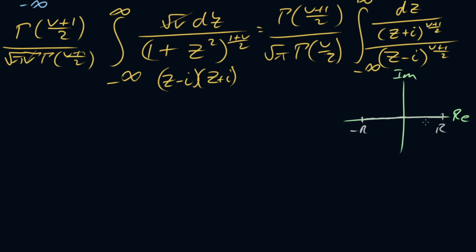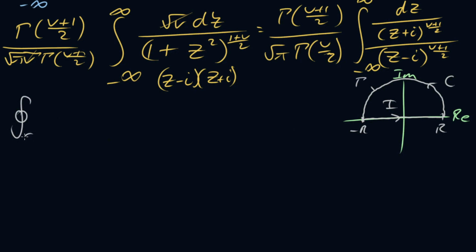So this section is obviously, if we take the limit going to infinity, going to give us the original integral. But let's draw a semicircular arc and call the whole contour C. Let's call this semicircular arc gamma, and let's call this part here I.